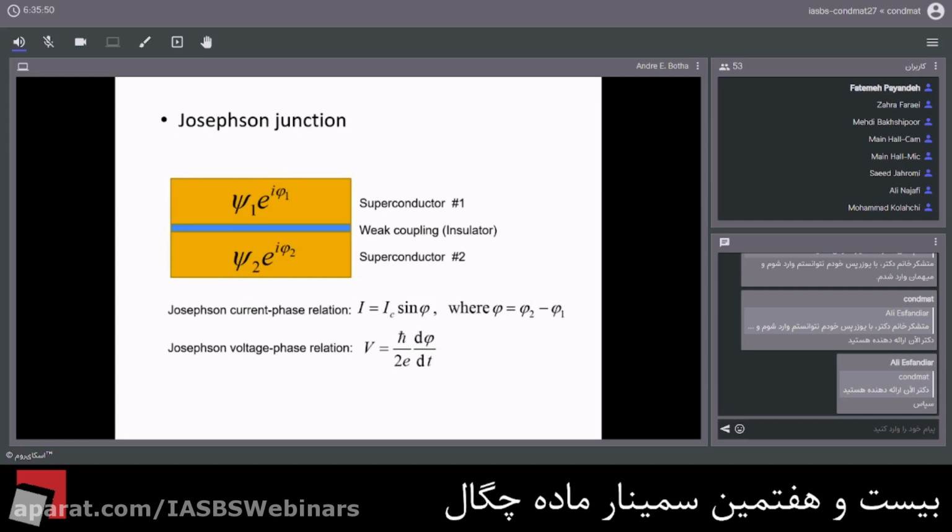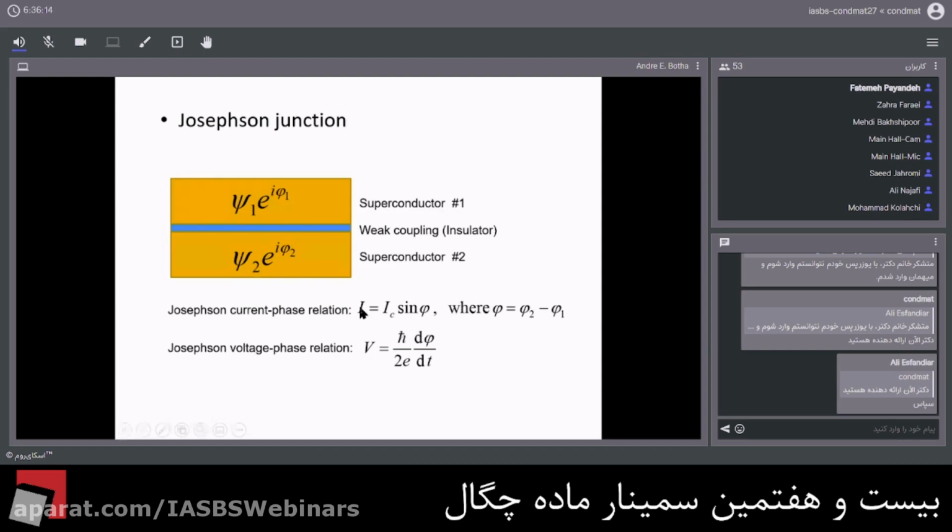So in other words, due to the tunneling of the Cooper pairs within the two superconducting materials, they're able to cross the gap unimpeded, provided certain conditions are met. And Josephson worked out the relation between the macroscopic phases of the wave functions on either side.